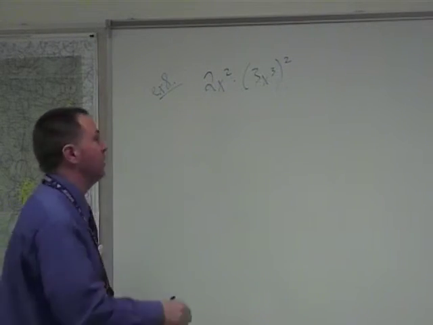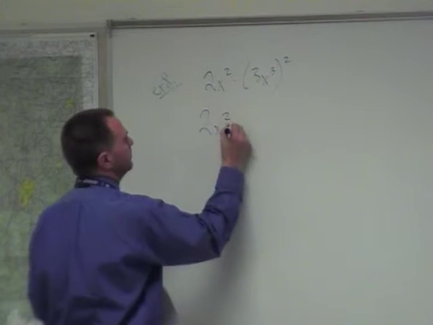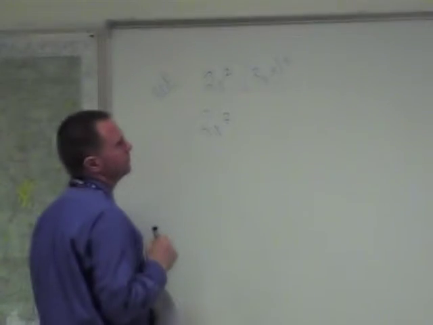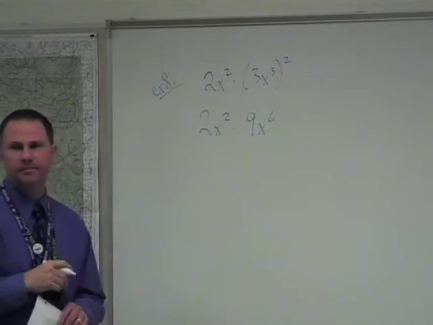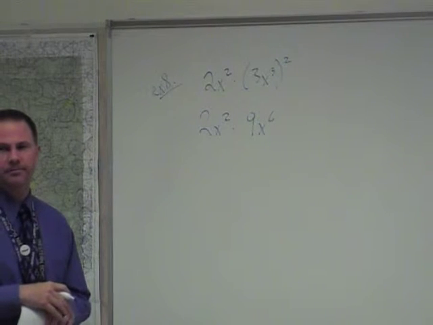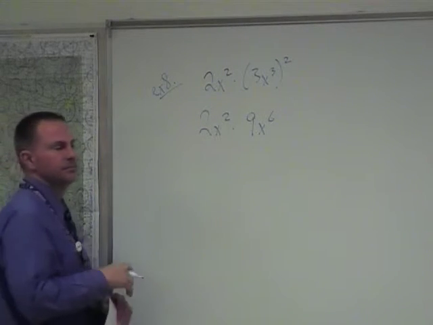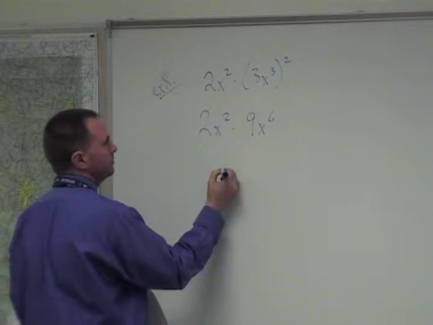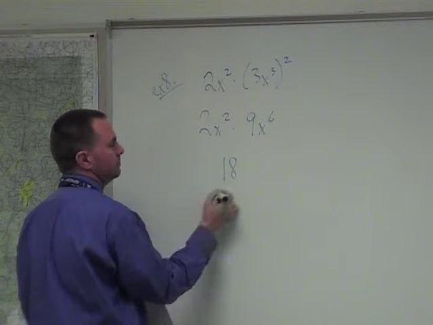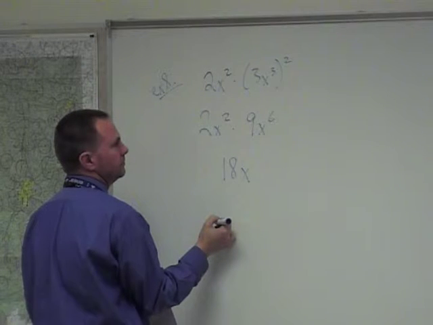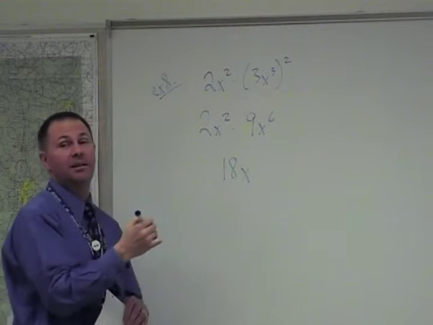And what do you get when you do that? You would get 2x to the second times 9x to the sixth. That's right. Now what do you get? X to the what? 12.